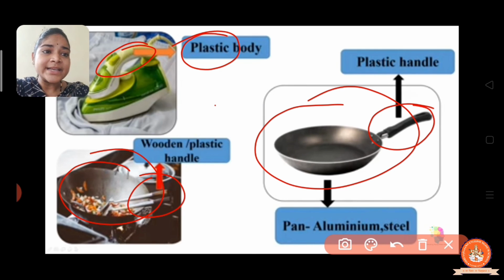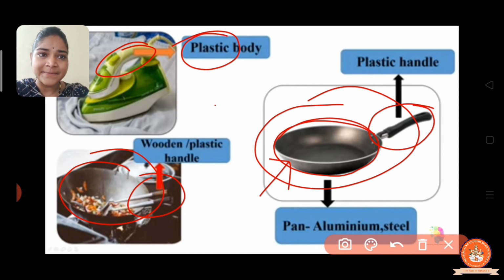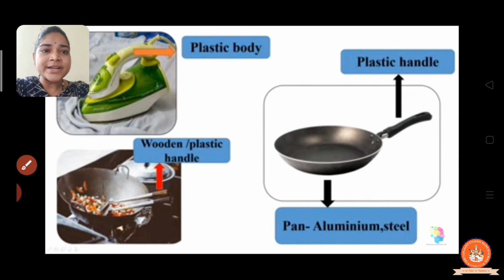But the body of the frying pan is made of metallic materials such as aluminium and steel, and heat transfers in them easily. So that's why the handle of a frying pan is always made of plastic or wood. Got it? So these are the examples of conductors and insulators.